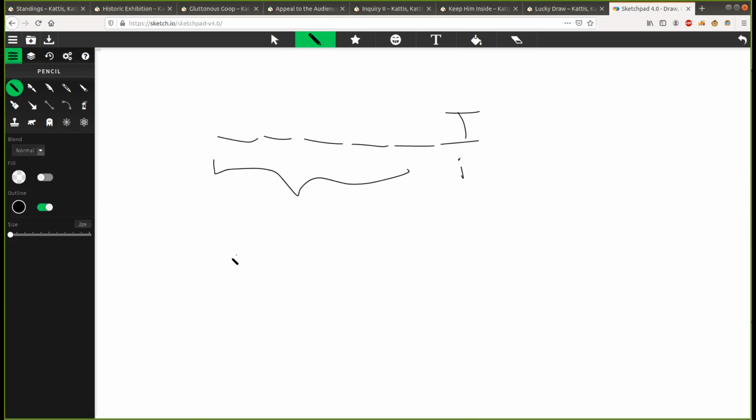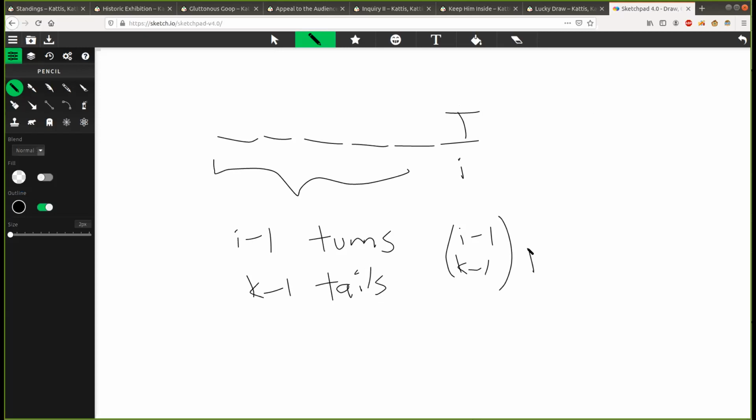And then in the other I minus 1 turns, there must be k minus 1 tails. And then we can use our formula from before: I minus 1 choose k minus 1, p to the I minus 1, 1 minus p to the k minus I.